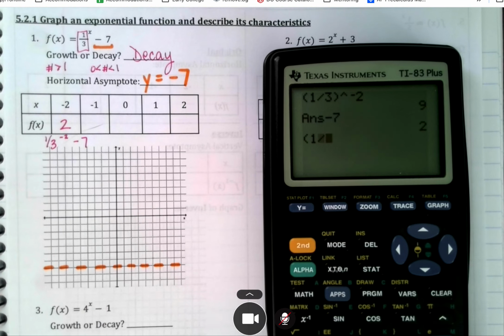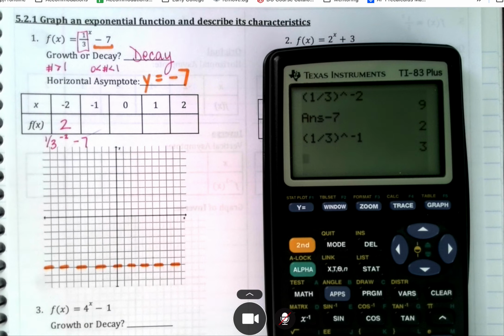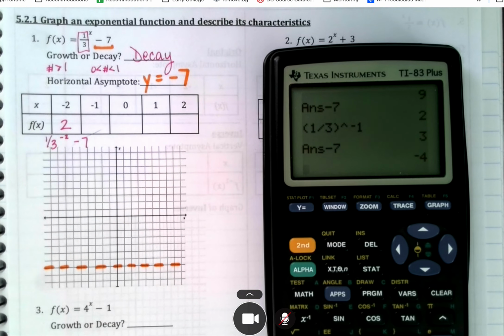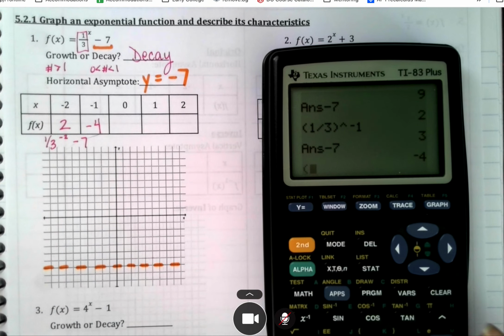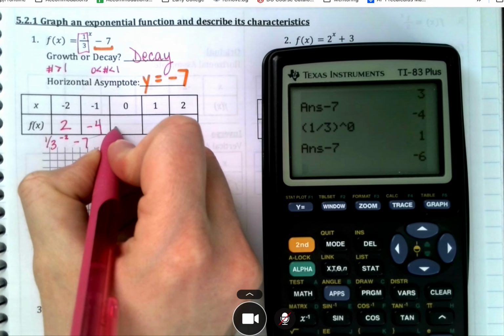So I have my 1/3 inside parentheses to the power of -1 is our next input. And then I subtract 7 because that is part of my equation, and I get -4. And I'm going to do the rest of this to fill up my table.